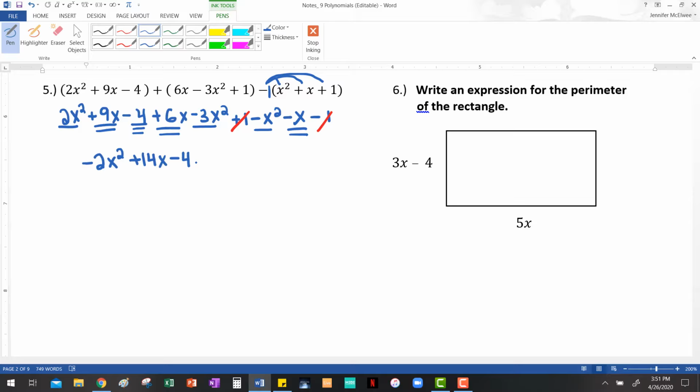Your final answer should have been negative 2x squared plus 14x minus 4.